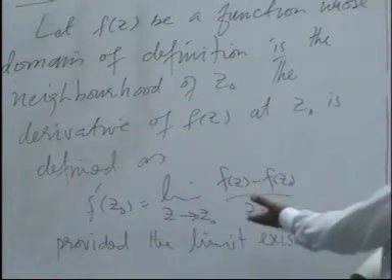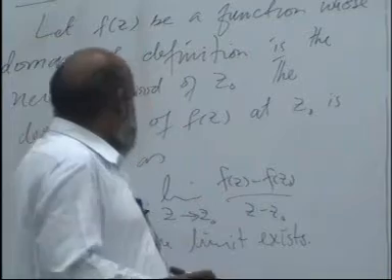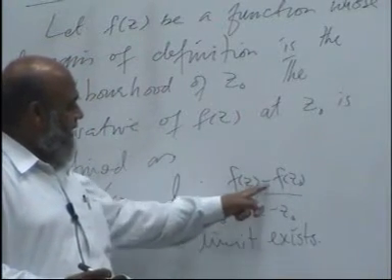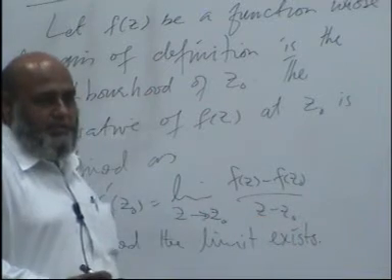And the same definition in the real variable: we have f prime x naught equals the limit as x tends to x naught of f of x minus f of x naught over x minus x naught.